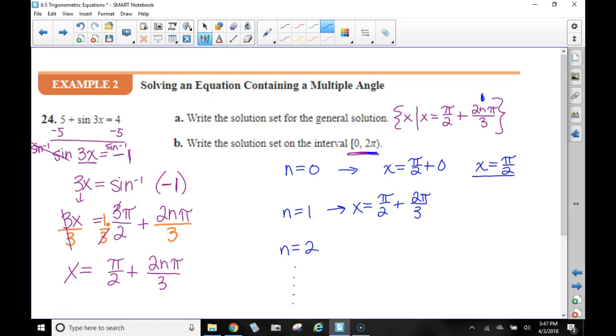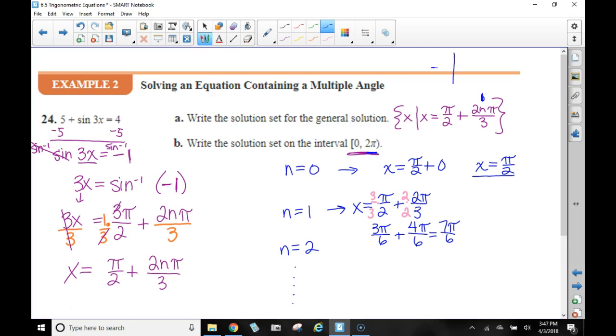So to add fractions, we need a common denominator. To build up my denominator, I'm going to multiply by 3 over 3 there, and by 2 over 2 there. So that I have 3 pi over 6 plus 4 pi over 6, which adds together to give me 7 pi over 6.